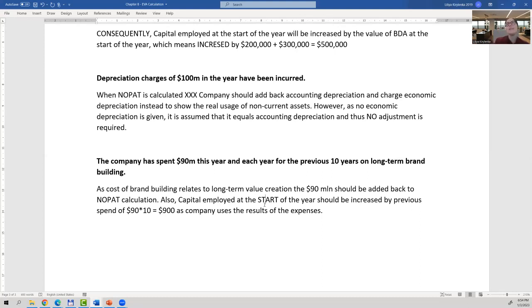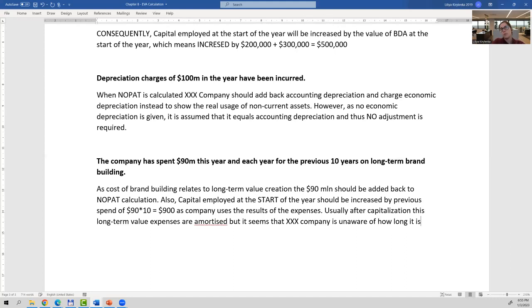But if you are not given any years, any indication of how long the brand is going to last, then you need to actually state that. Well, usually after capitalization, this long-term value creation is amortized, but it seems that the company is unaware of how long it is going to be used.